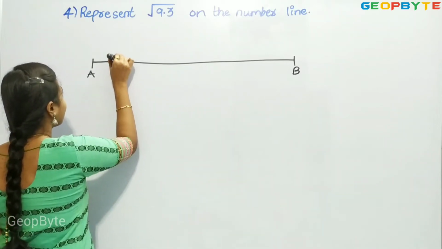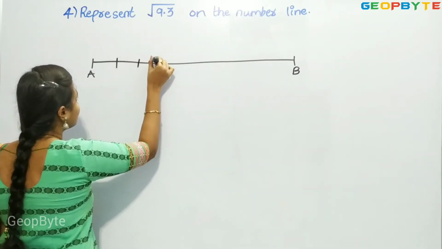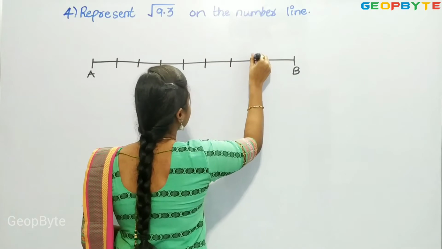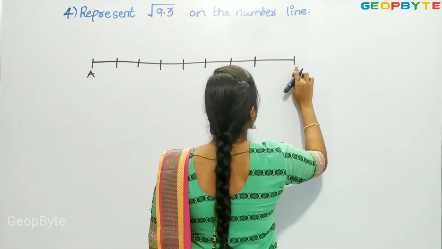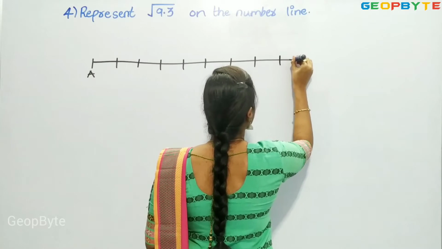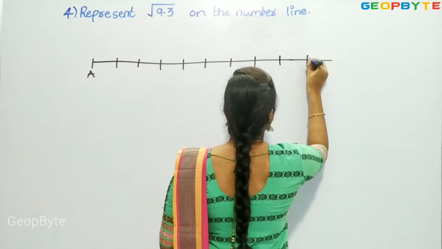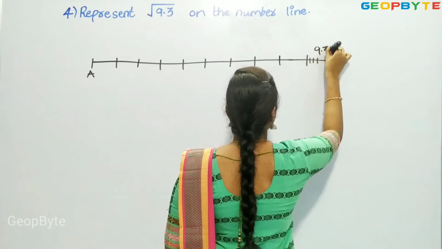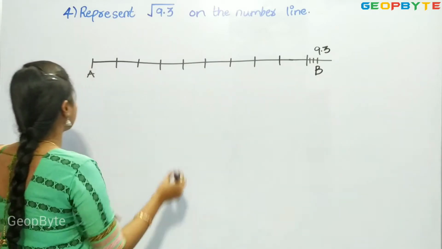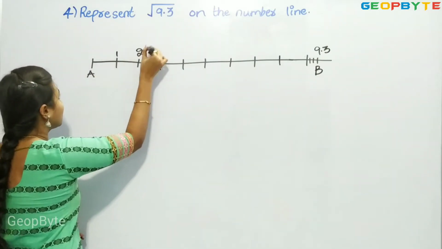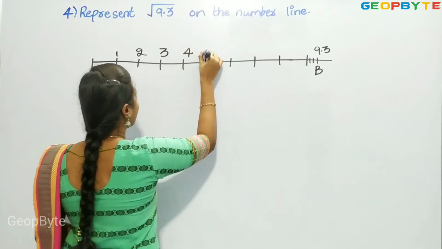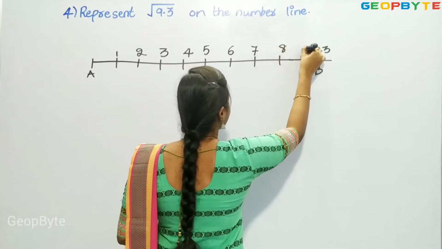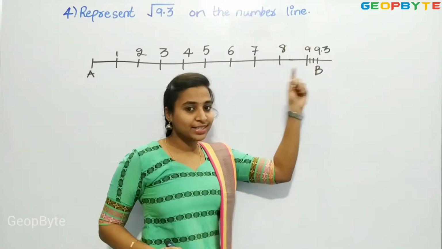So 1, 2, 3, 4, 5, 6, 7, 8, 9 and somewhere here, the point B is 9.3.